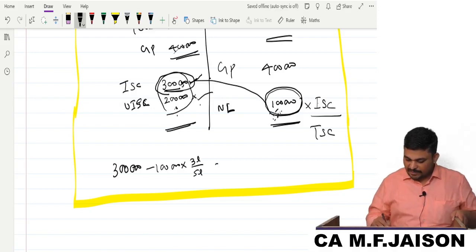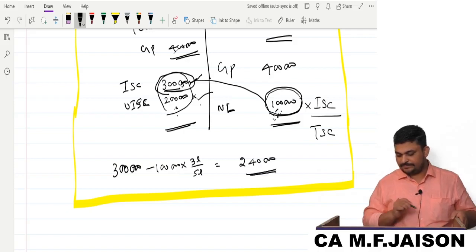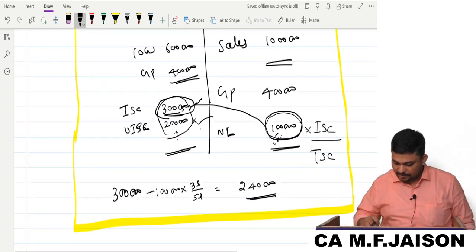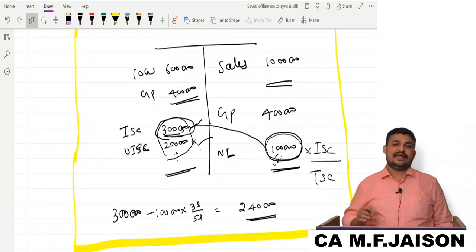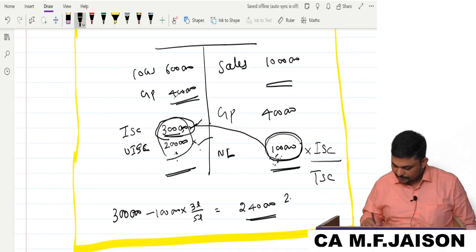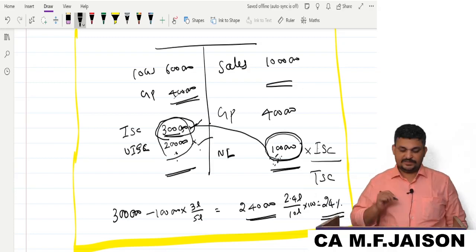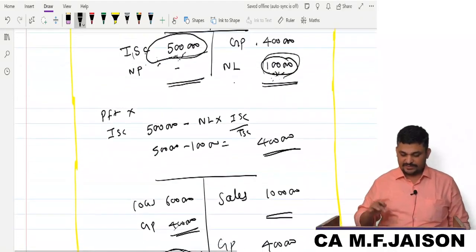So the answer would have been 2 lakh 40,000. Correct? 2 lakh 40,000. And GPR means 2 lakh 40 divided by 10 lakhs into 100 percent. This is how we arrive at the answer for this particular question.